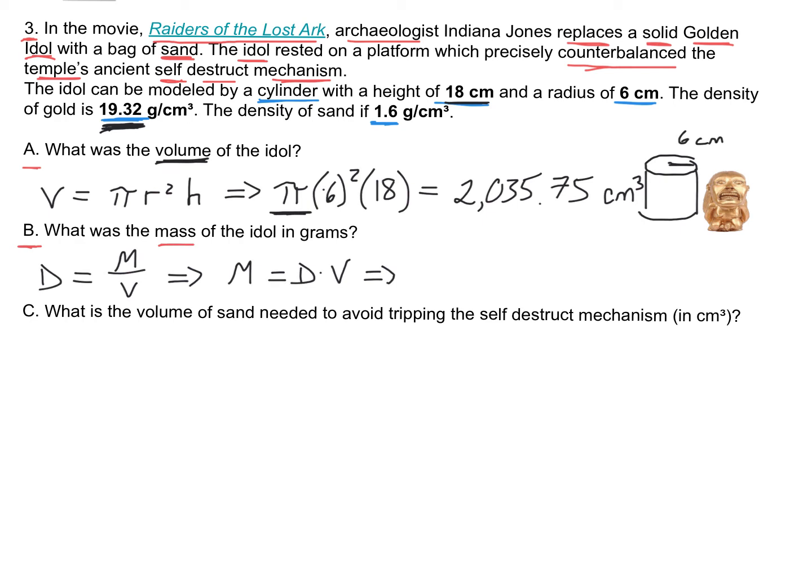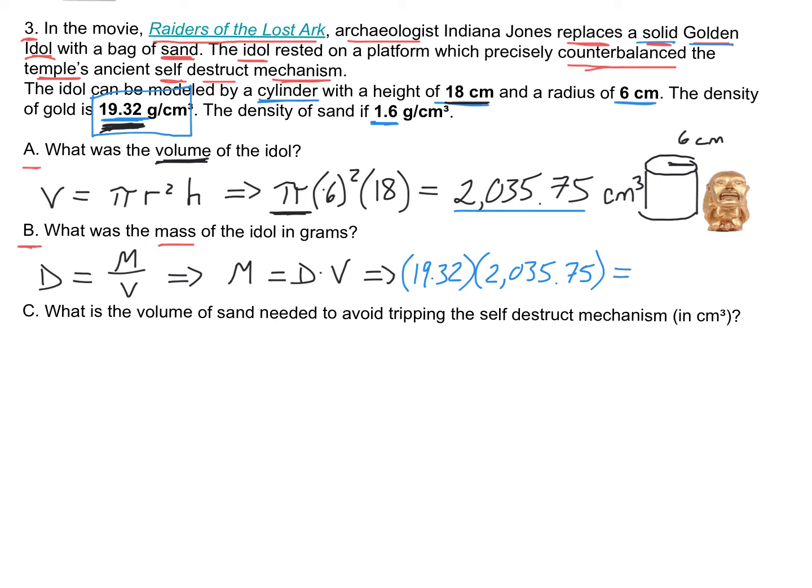Now, I'm told the idol is solid gold, so its density is going to be 19.32 grams per centimeter cubed, and its volume was the cylinder that I just calculated, which is that 2035.75.